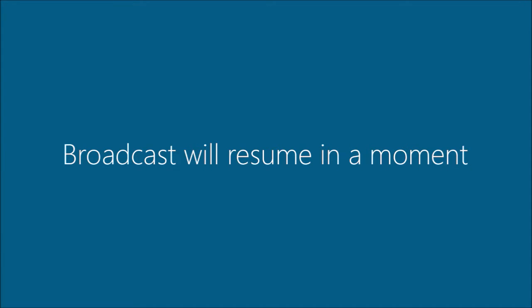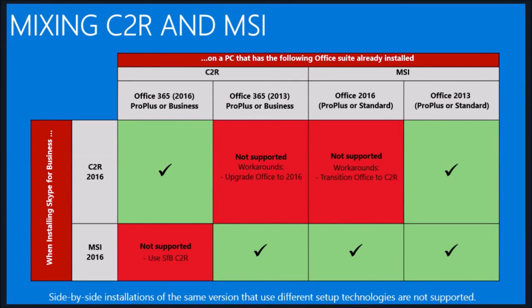So kind of combined with that is this whole question around C2R technology versus what probably many of our folks on this call remember, which is MSI as well. So maybe you could talk a little bit about that. Yeah, absolutely. This is a pretty complex matrix, if you will.